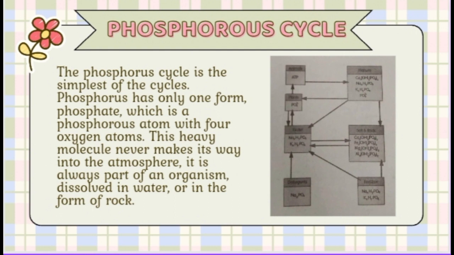It is an important constituent of cell membranes, DNA, RNA, and ATP. Heterotrophs obtain their phosphorus from the plants they eat.